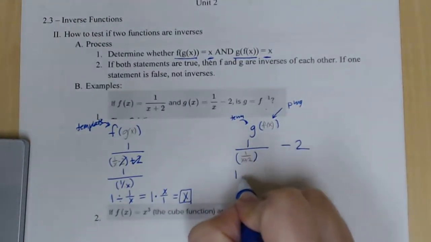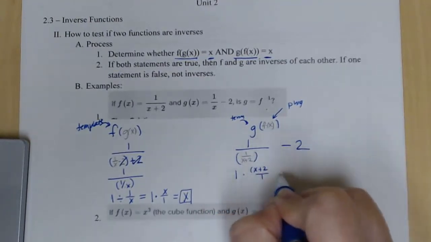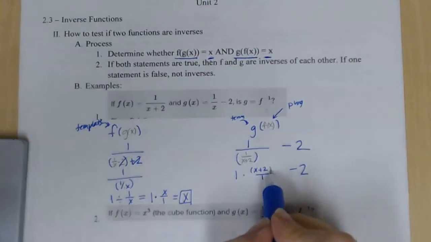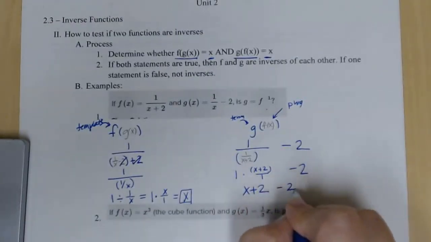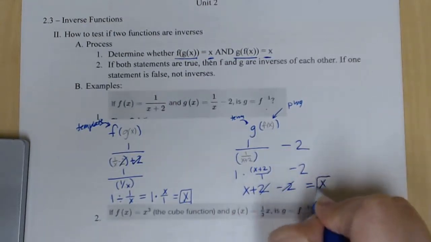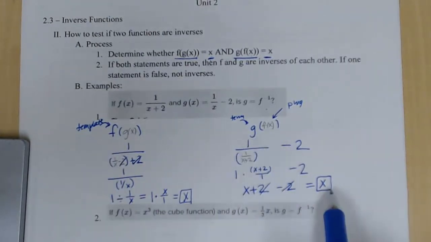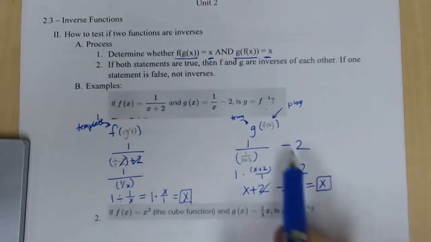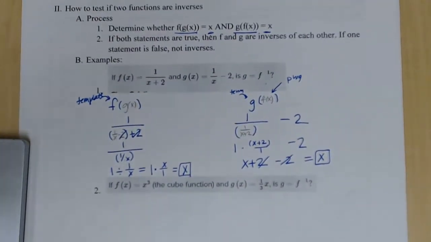So keep the first, change it to multiplication, flip the second, minus 2. And you can see over here, that just gives me x plus 2, minus 2 from way up here. Those cancel, and I get just x. So since when I composed them this way I got x, and I composed them this way I got x, g is f inverse.